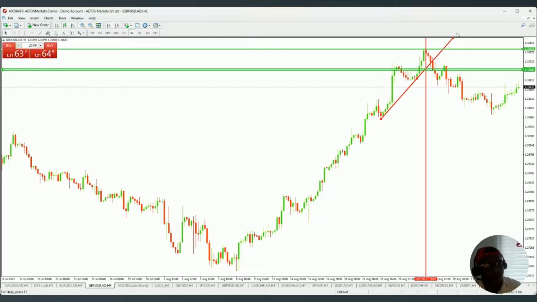So now the first calculation is going to be the high price minus the interception price. We'll go back to use our calculator here.